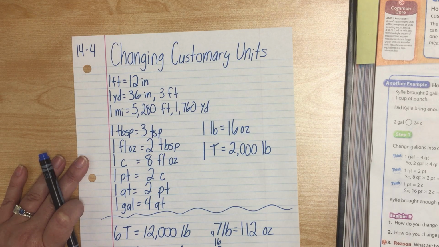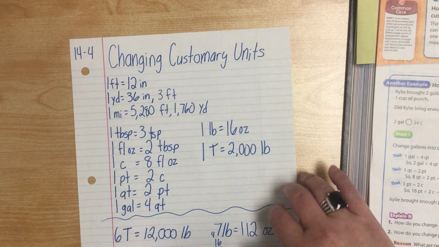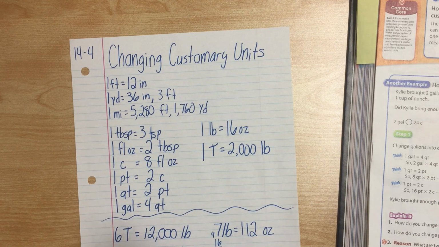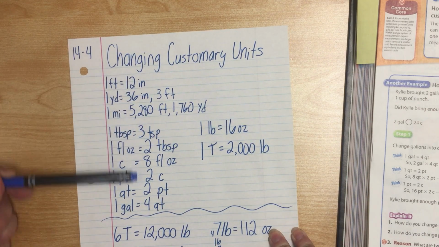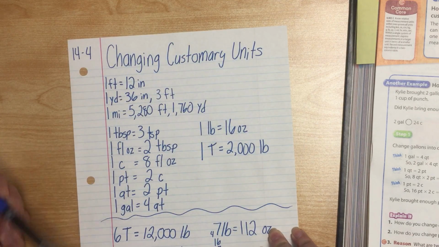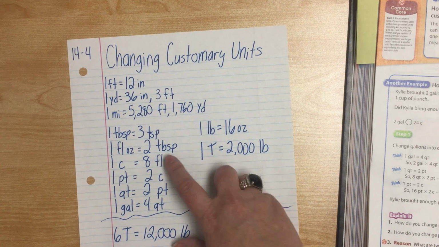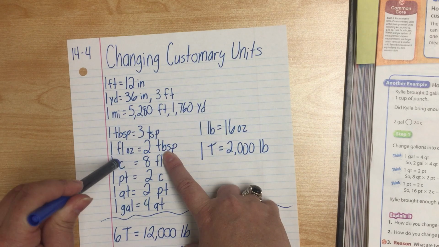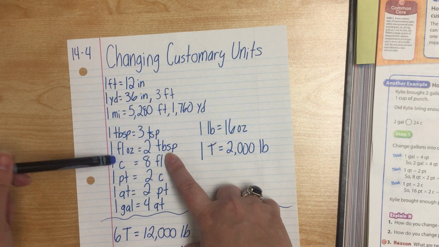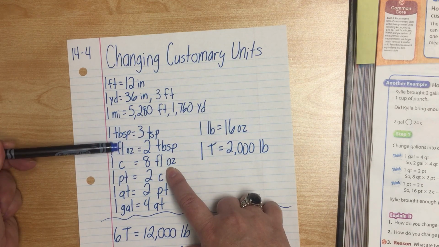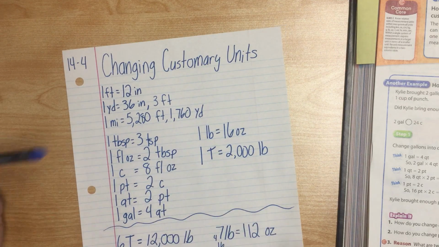So when I'm dealing with something that gives me a measurement and I can't find that on my chart, I have to find what they have in common. So when I'm comparing a tablespoon to a cup, they both have fluid ounces in common. So I'm going to have to convert them both into fluid ounces.